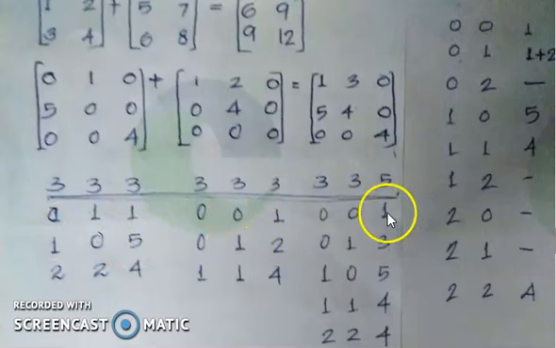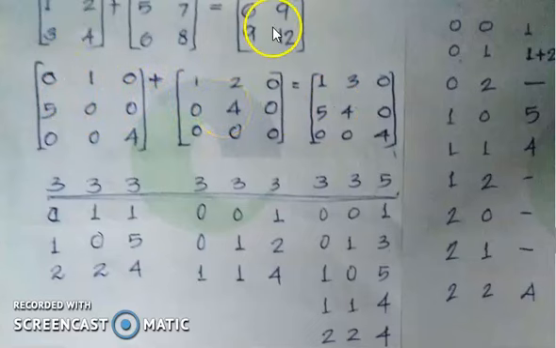From this we get this sparse matrix, which is the sum of these two sparse matrices, following the rules used in this calculation. We can see that it matches here also.